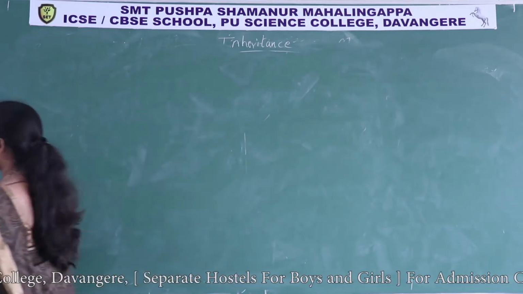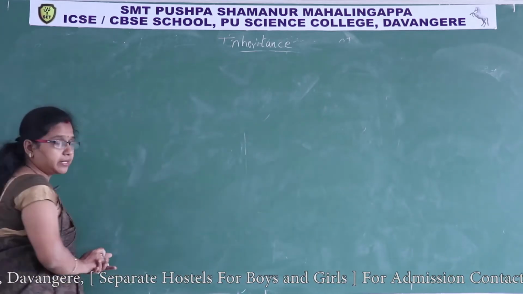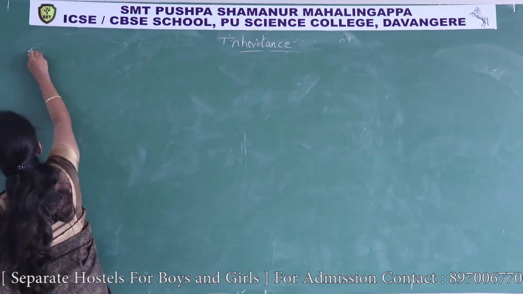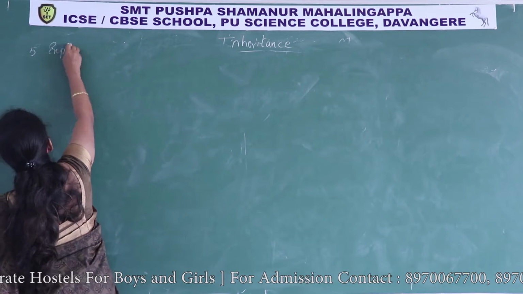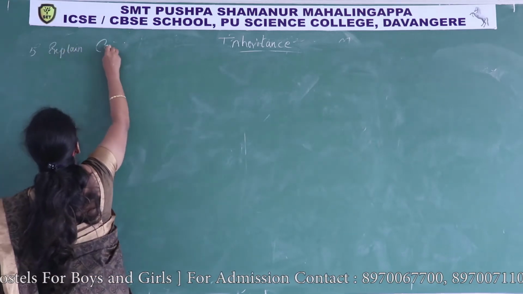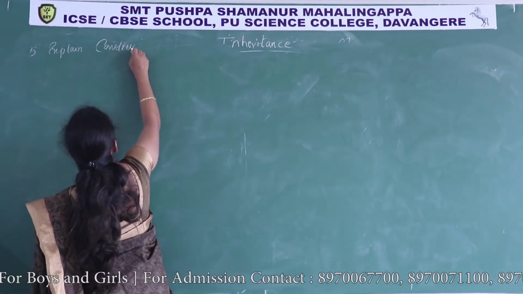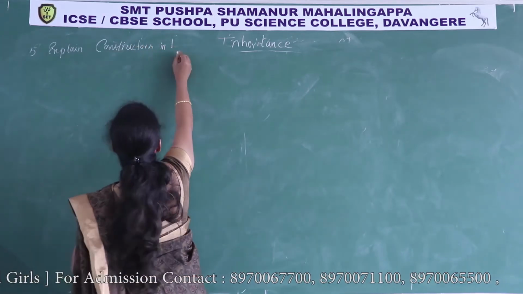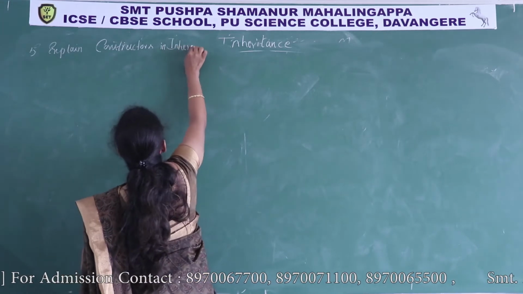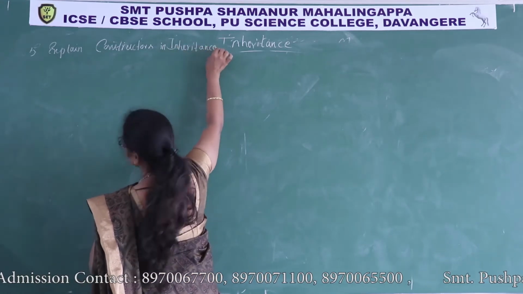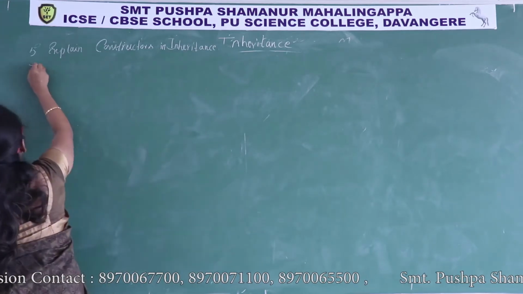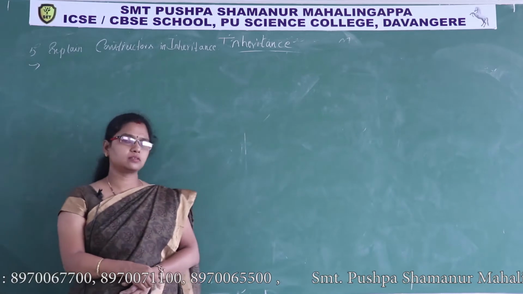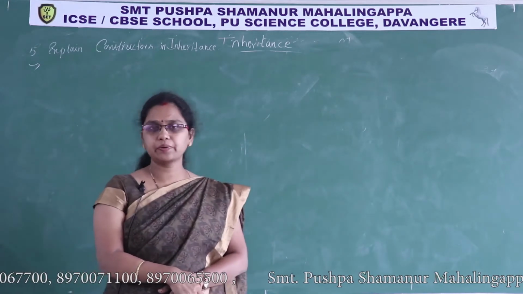Next question. Explain constructors in inheritance. Now, you know what are the things which are not inherited to the derived class?